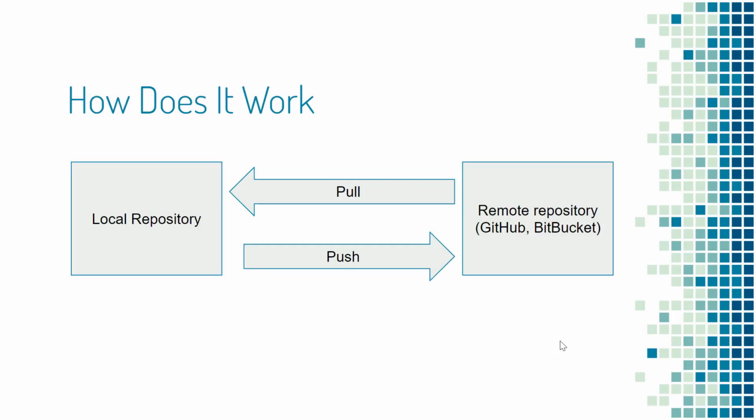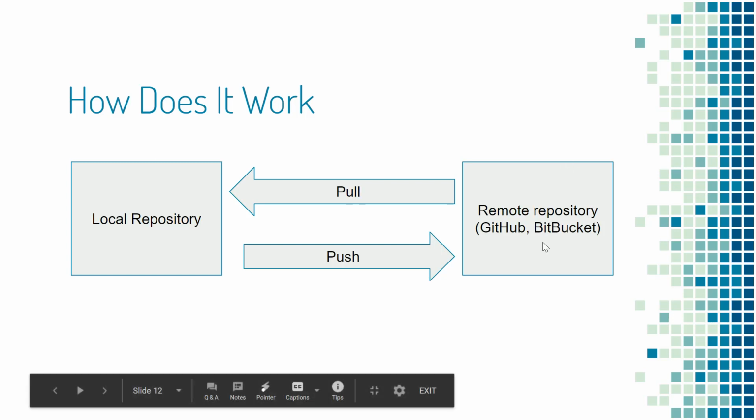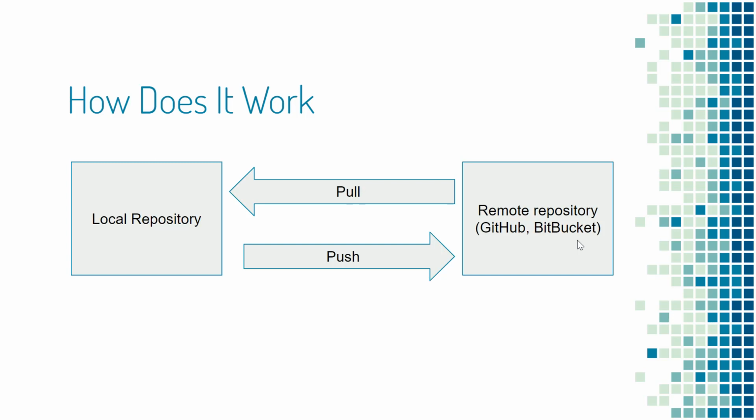How does it work? Usually, you will create a remote repository. You might use GitHub, Bitbucket, or even set up your own Git server. If you are working in a company that has its own internal Git server, you can still use the same commands, because Git is not just GitHub or Bitbucket.